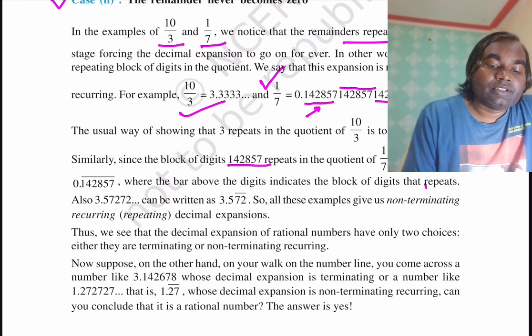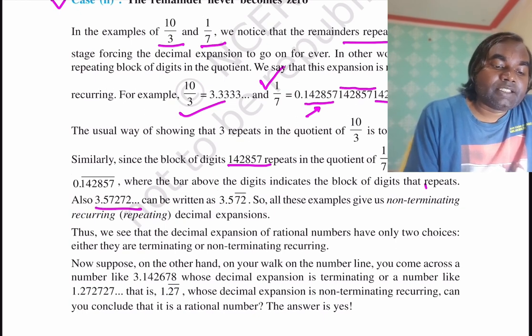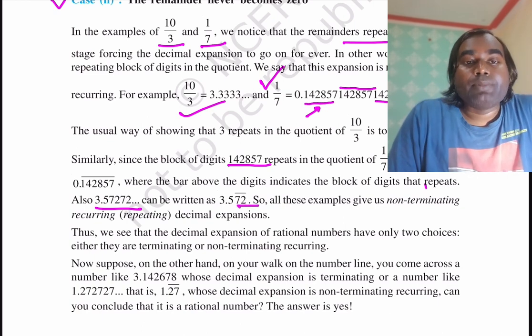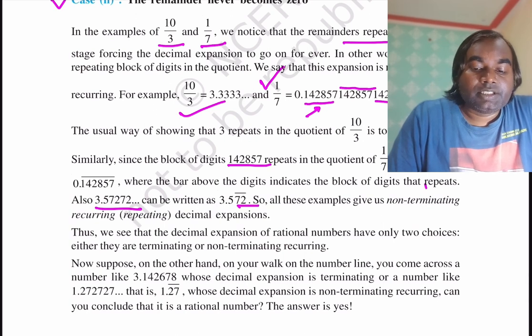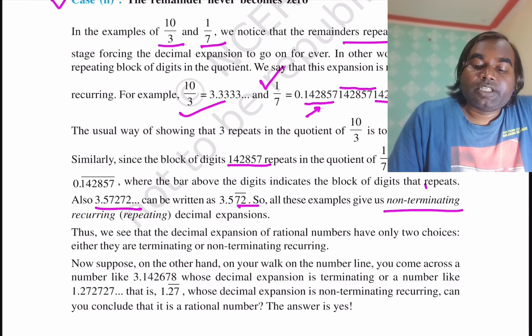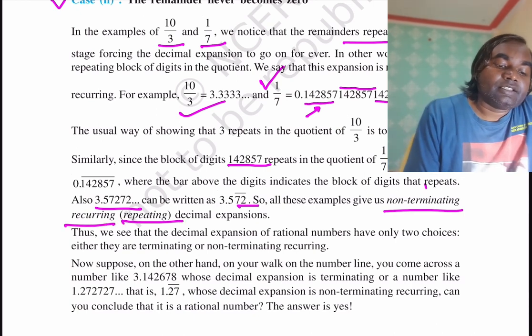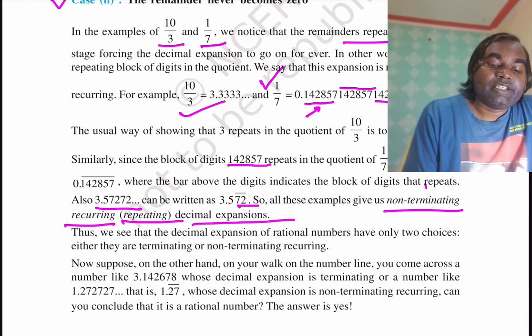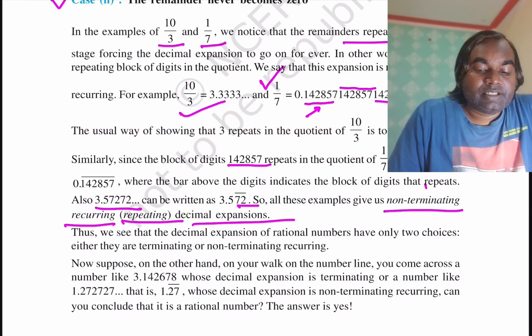Similarly, if you take this example, 0.57272, that means 72 is repeating, so we will put the bar over those digits. And all these examples give us non-terminating recurring, that means repeating, decimal expansions. Correct?